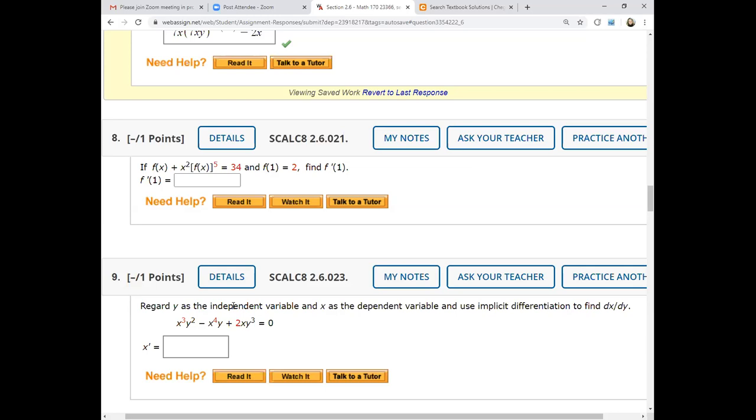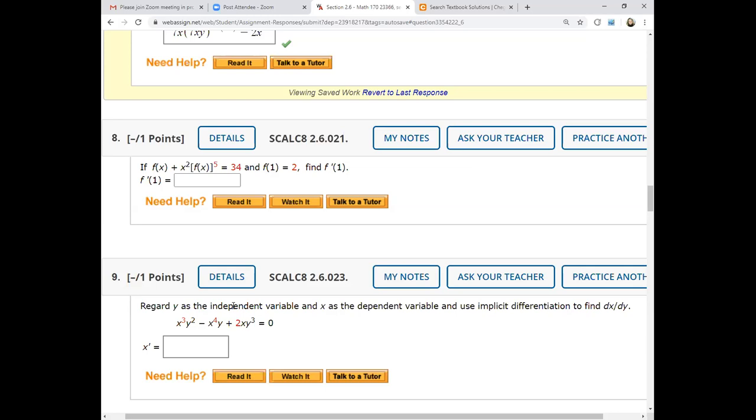Now we're trying to find f prime at 1. So everywhere you see an x, you plug in a 1.